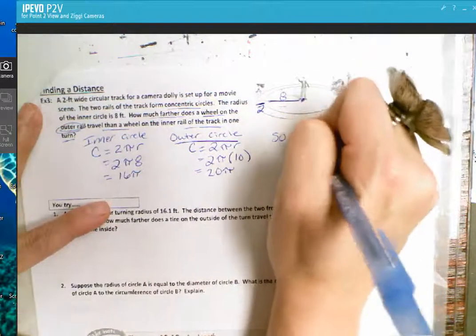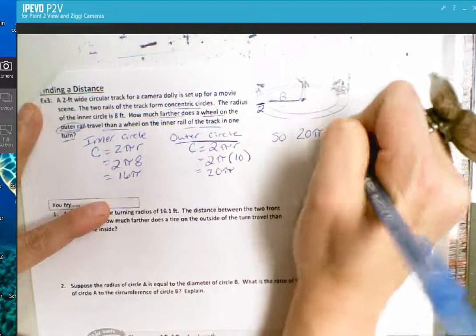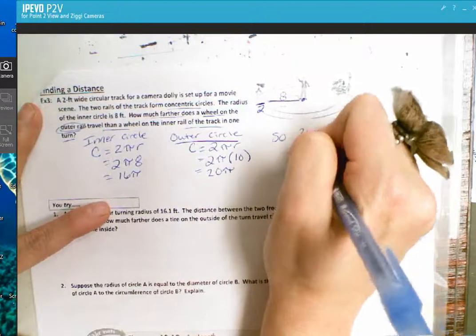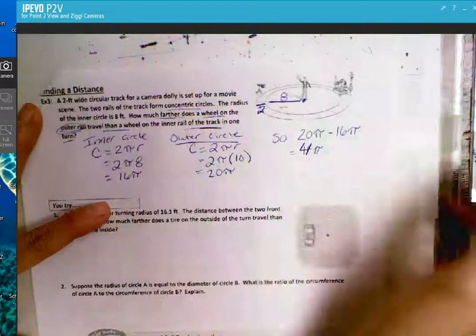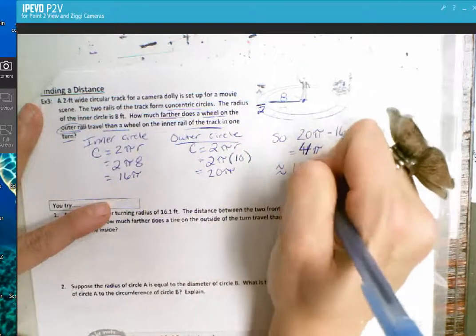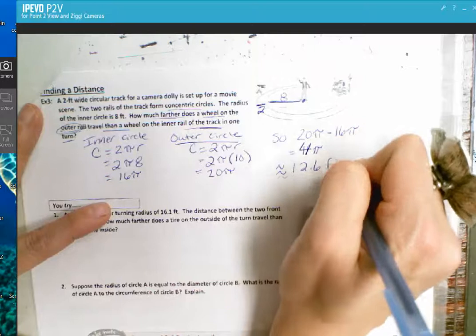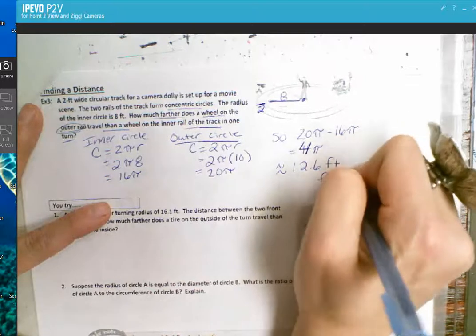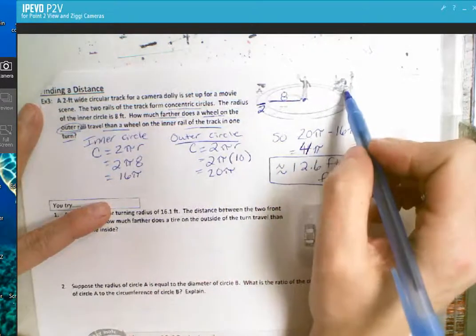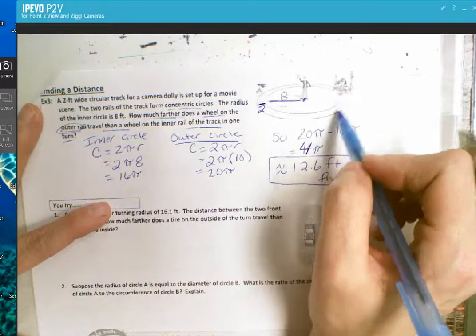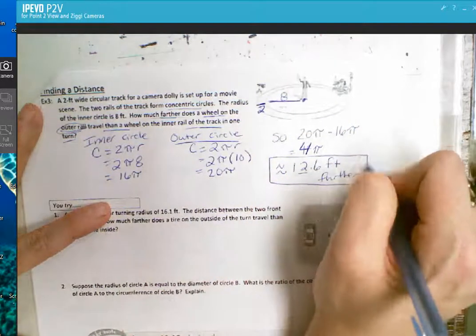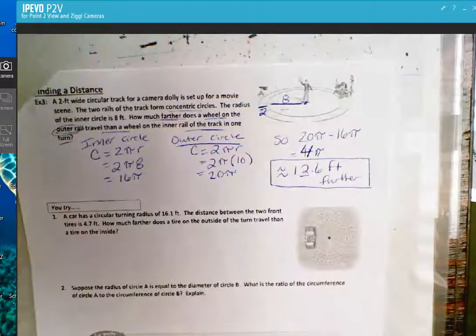So 20 pi minus 16 pi is equal to 4 pi, which is approximately, in my calculator, 4 pi is 12.6 feet further. So every time that camera goes around, its outside wheel travels an extra 12, almost 13 feet further than the other wheel.